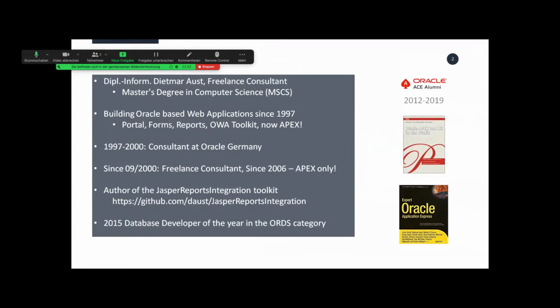Then I did the stuff on my own, became a freelance consultant, and nowadays I look more into collaborating with other teams and managing their work. And also, database developer of the year, co-authored some books, was an Oracle Ace from 2012 to 2019.